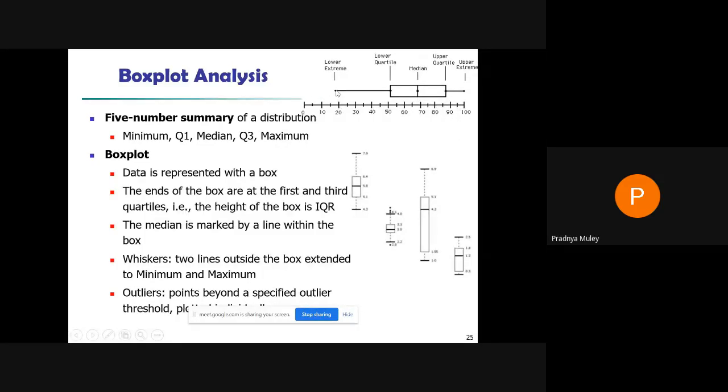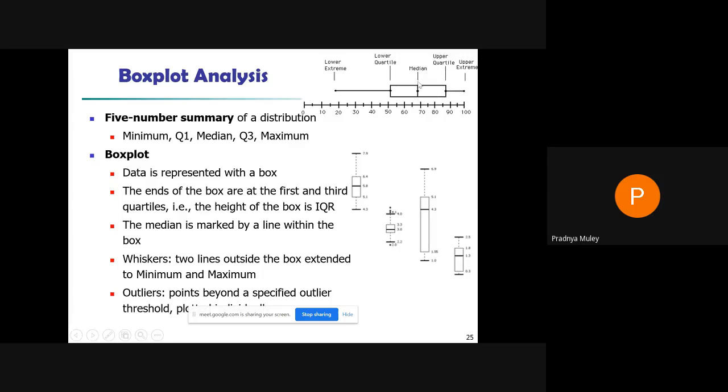So first of all, the box plot starts with the minimum, then a line will be drawn, then one box will appear. This box will be the IQR, that is the interquartile range, the difference between quartile 3 and quartile 1, that is the lower quartile and upper quartile.